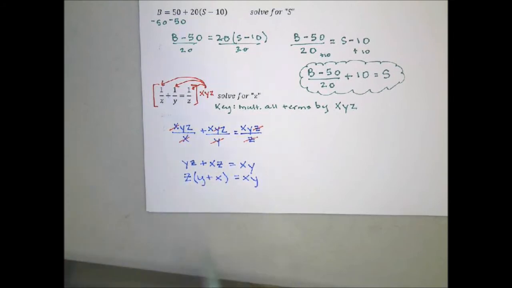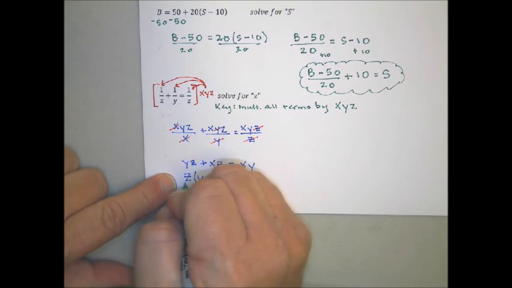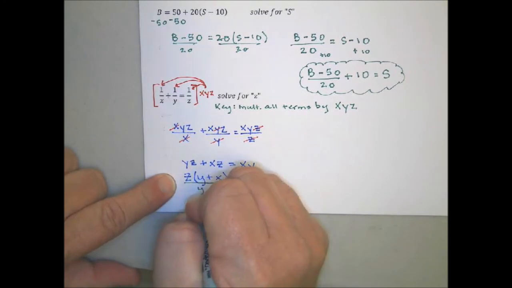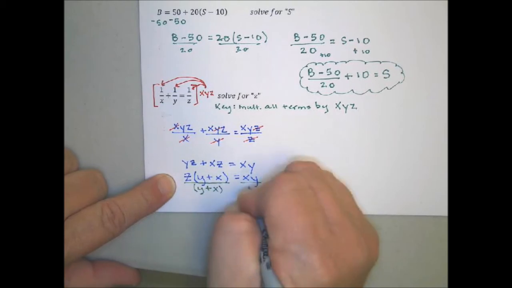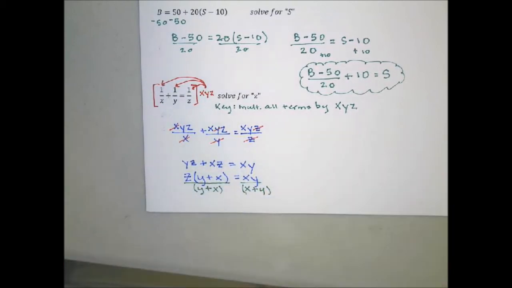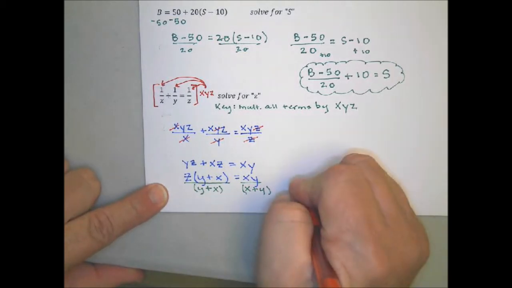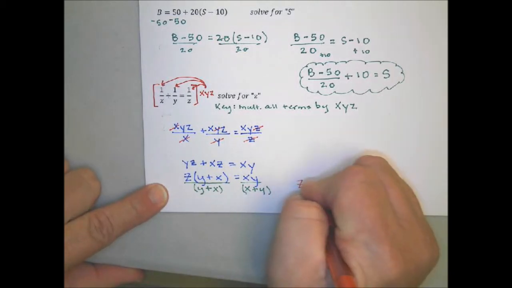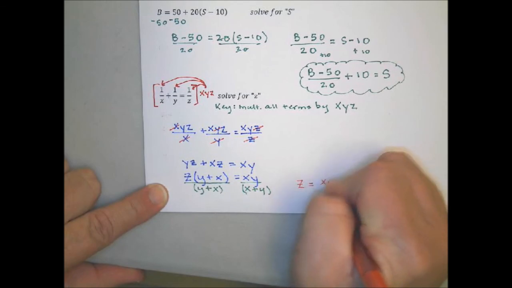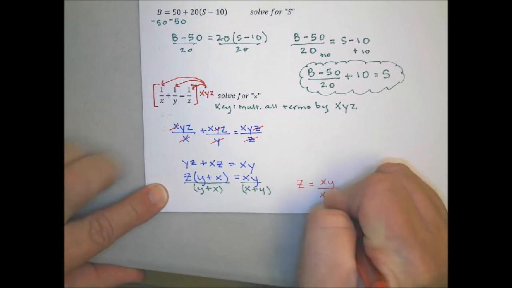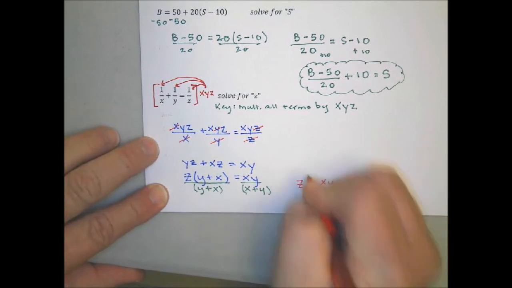So to get this z by itself, all I need to do is divide both sides by x plus y. And on the left-hand side, now those x plus y's cancel each other, and I'm left with z equals xy over x plus y.